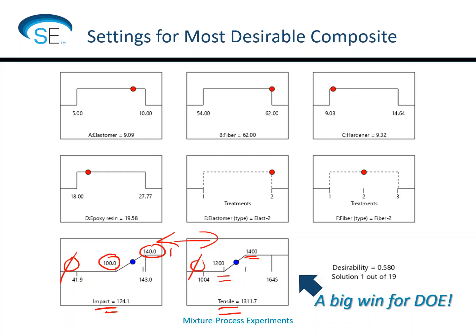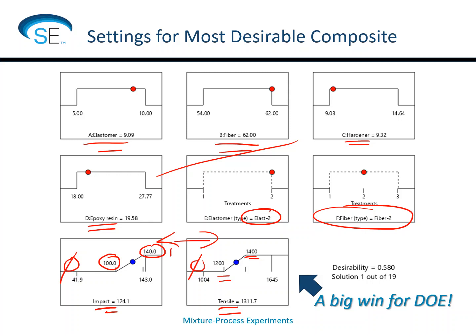And it eventually converges on elastomer at approximately 9%, fiber at 62%, hardener at 9.3%, and then the epoxy resin at 19.5%. And so we're able to maintain the ratio, of course, that we were looking for of epoxy resin to hardener. That's been built into the program. And then it's doing this with the second elastomer type and the second fiber type out of 3.